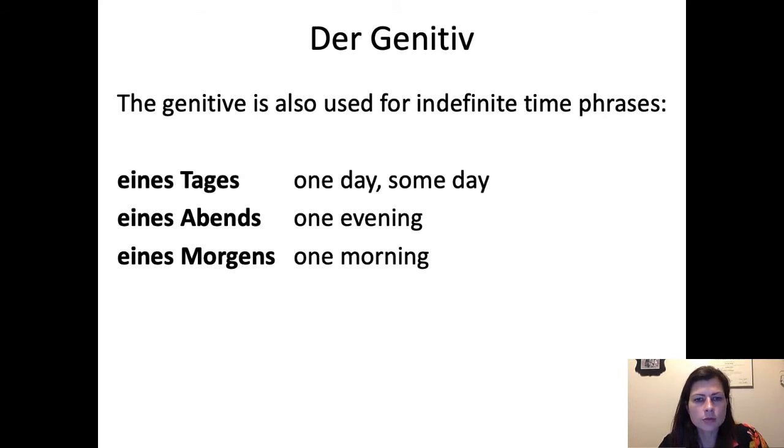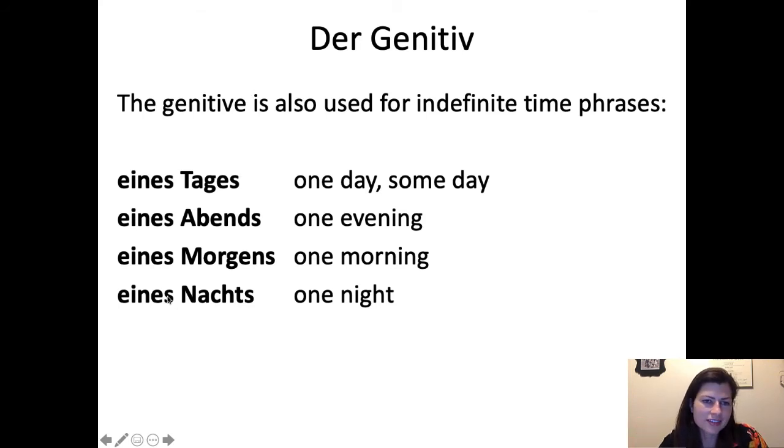Eines Morgens, one morning. Eines Nachts, any of those. So eines Tages, that's the normal genitive construction. Eines Abends, eines Morgens, those are all how you would expect the genitive form. Eines Nachts is weird because Nacht is actually feminine, so it's kind of wrong, but it caught on and people kept saying it.